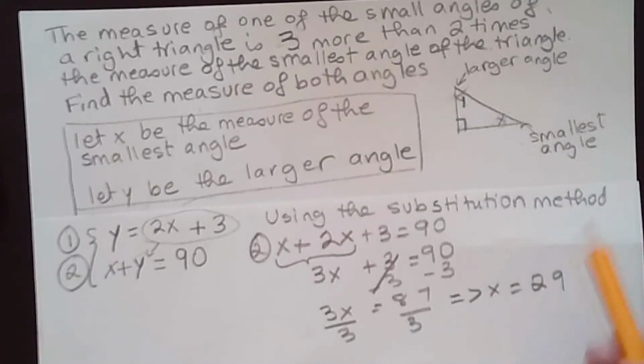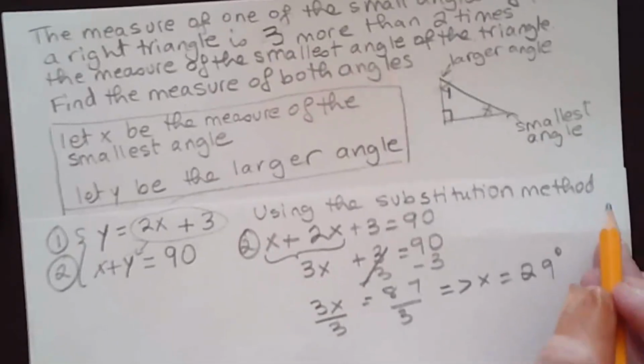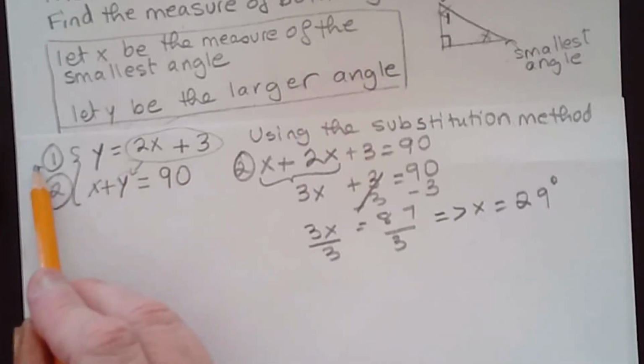So that means x, which is the smallest angle, is 29 degrees. So I solved for one of the angles. I need to solve for the other angle. I can use this equation or this equation. I'm going to go ahead and choose one.